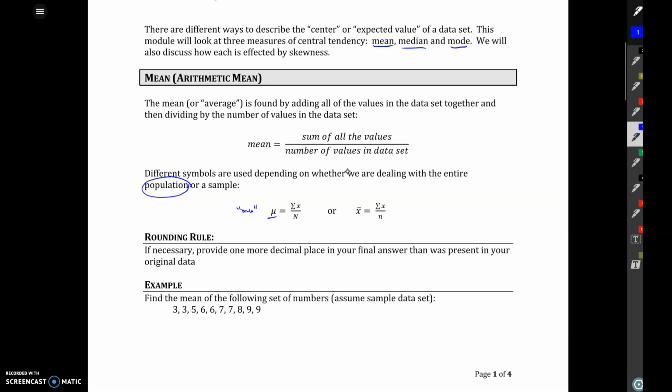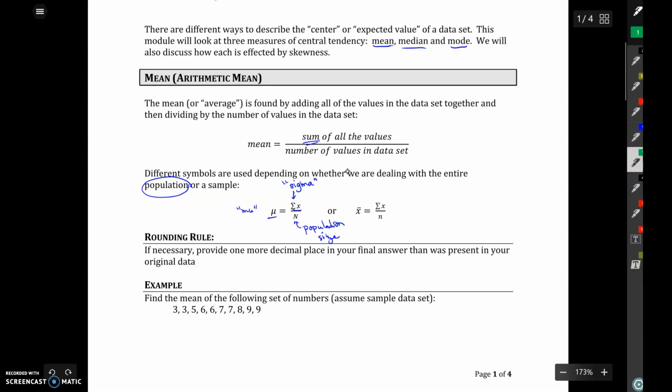The formula here also has this big Greek letter that looks kind of like an E. That is the Greek letter sigma. Sigma stands for sum in mathematics. So it's saying we calculate the mean by adding up all of our data values and dividing by the population size.